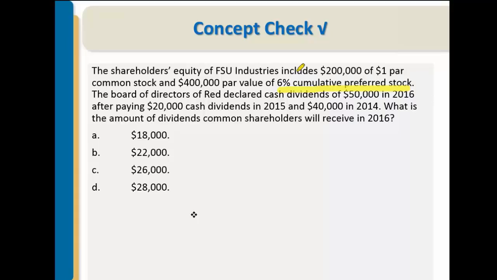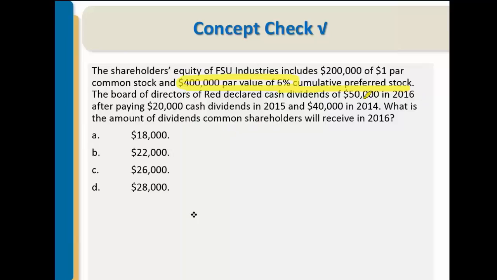Okay, so here's the key. You notice it's cumulative dividends. So the idea is that with cumulative dividends, the dividends of the preferred stockholders have to be paid up to date before any other dividends are paid. So we've got 6% times $400,000, which is 6 times 4, $24,000, okay?